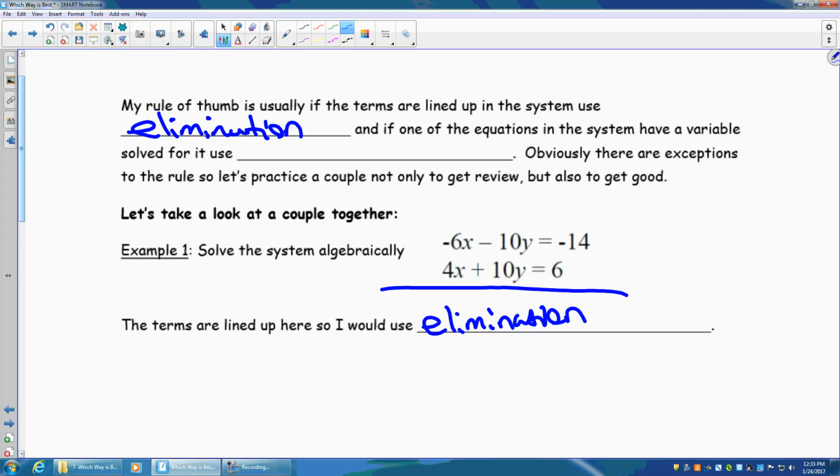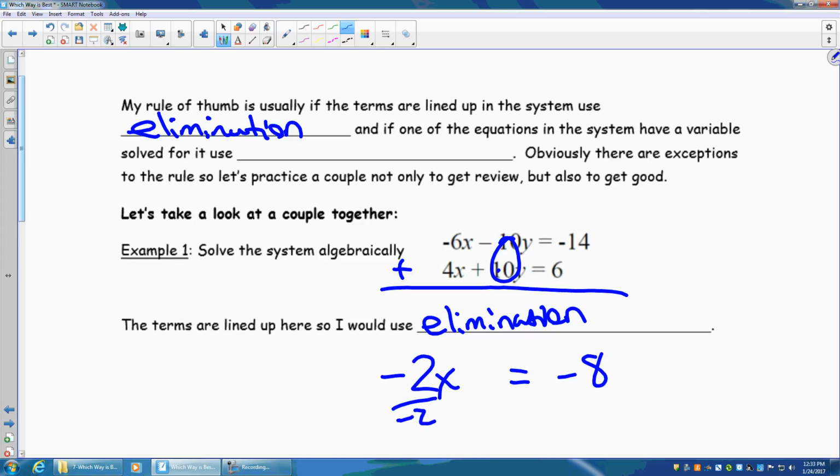What's so special about this specific system? Well, I already have an opposite amount of one of those variables. Which one is it? It is that y. I have a +10 and a -10, so now when I add them up, I end up getting 0 y's. I get -6 plus 4 is -2x is equal to -14 plus 6 is -8.